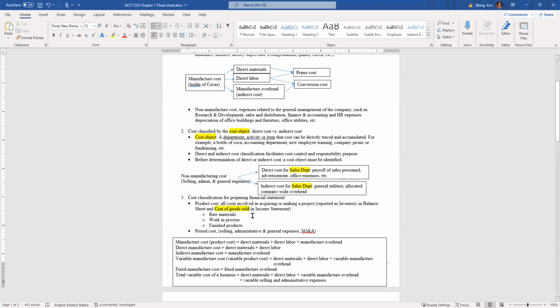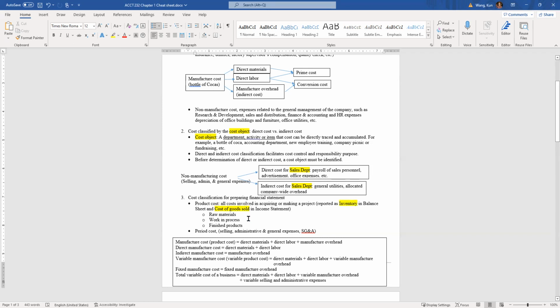Depending on the stage of the manufacturer cost, if it still remains as raw material unused, or as unfinished products, which we call work in process inventory, or as finished but unsold goods, all three categories will be reported as inventory in the balance sheet, under current assets.